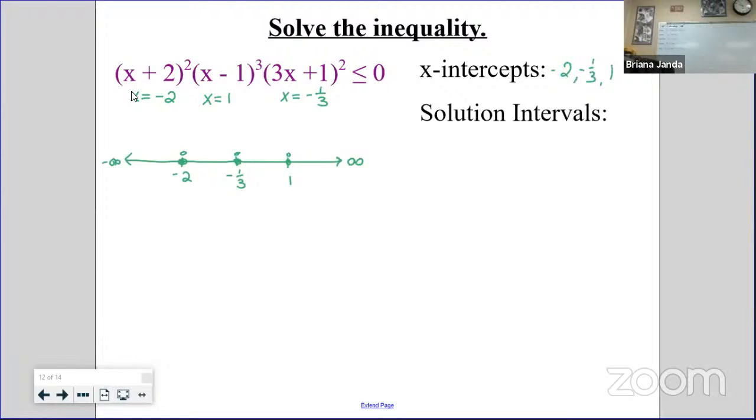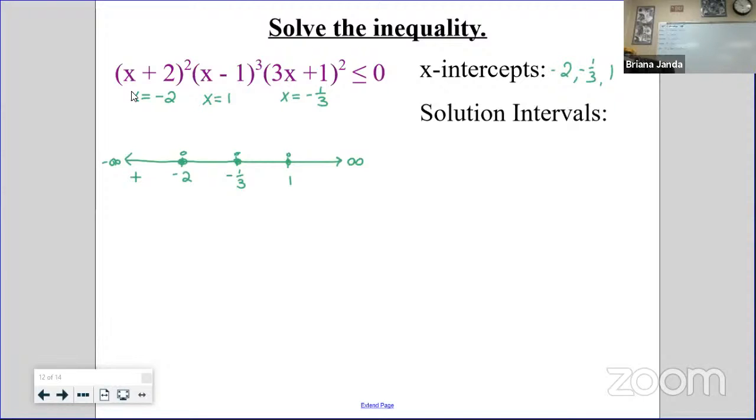Pick sample numbers. You can treat this just like you would before. Pick a sample number and I want you to see if you can speed this up by the end of this. If I pick like -10. Okay, -10 plus 2 is a negative number, but then I'm going to take that and square it. Positive, right? And then -10 minus 1 is a negative number.